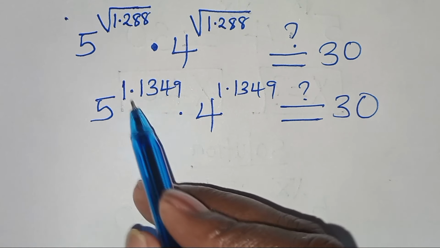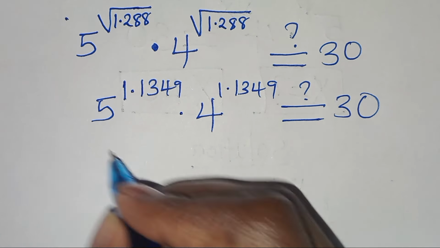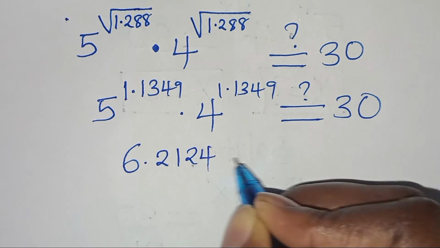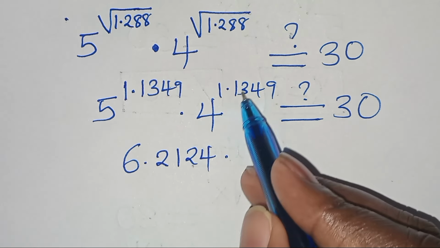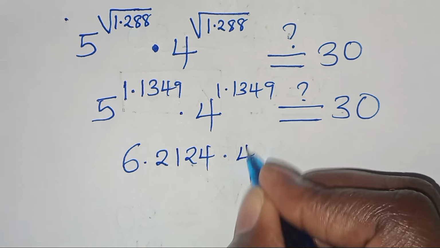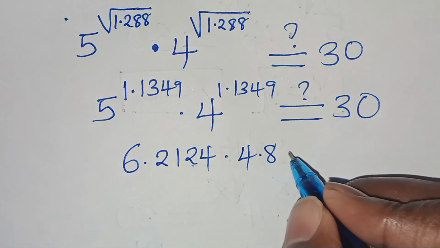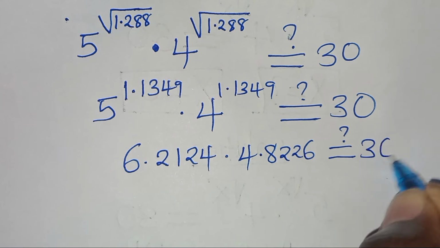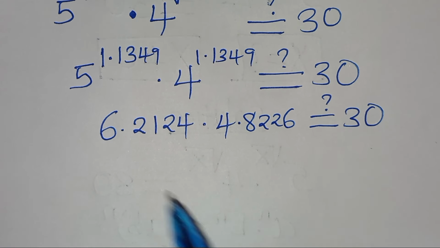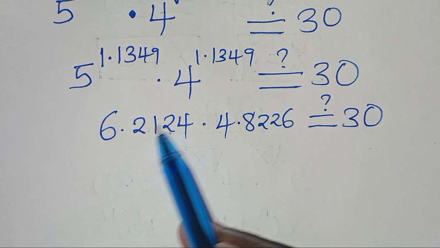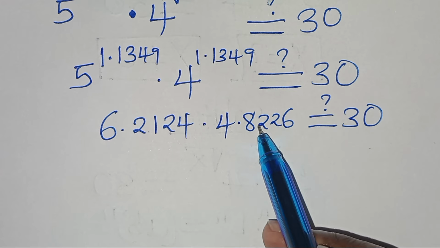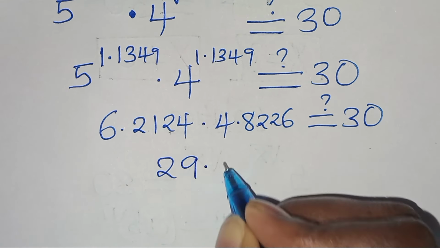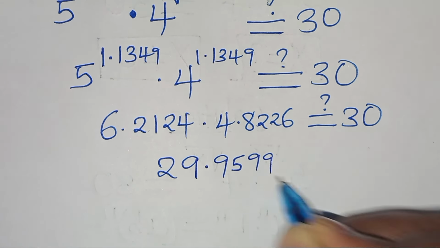So 5 to the power of 1.1349 is the same thing as 6.2124, multiplied by 4 to the power of 1.1349, which is 4.8226. Now we multiply these two, that is 6.2124 times 4.8226, which is equal to 29.9599.